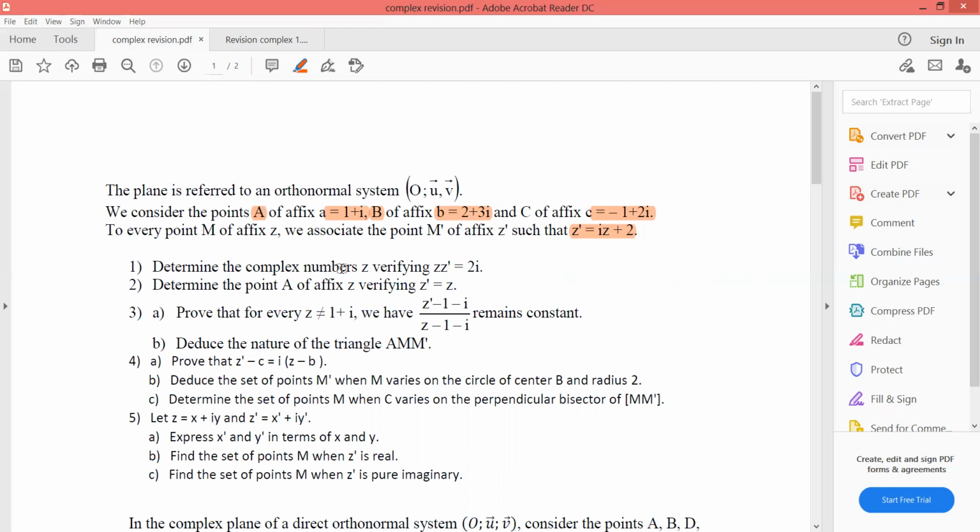Determine the complex form z. We are going to find z if z prime equals 2i. How to work with this exercise?